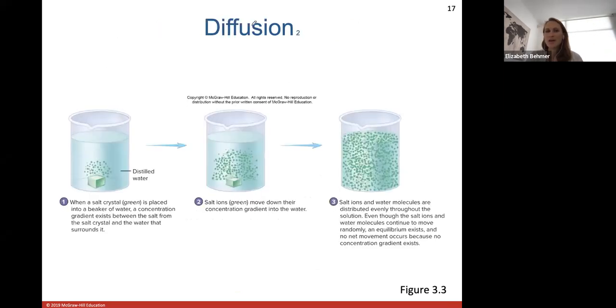So for example, as we look at diffusion here, this is an example of putting a salt crystal, which is the solute, in a solvent of distilled water. And you see that the salt ions will move down their concentration gradient into the water as they're completely dispersed throughout the water. So that's the salt diffusing through all parts of the water until eventually the salt ions are evenly distributed, water molecules are evenly distributed, and we have this nice saltwater solution.